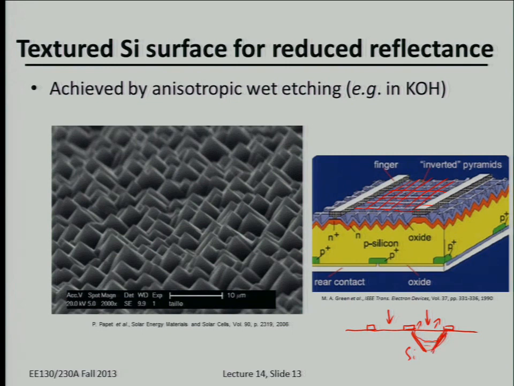Okay, so if you etch in potassium hydroxide, it turns out that certain planes of silicon etch more slowly than other planes of silicon.